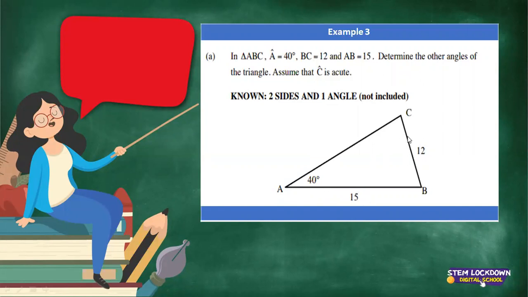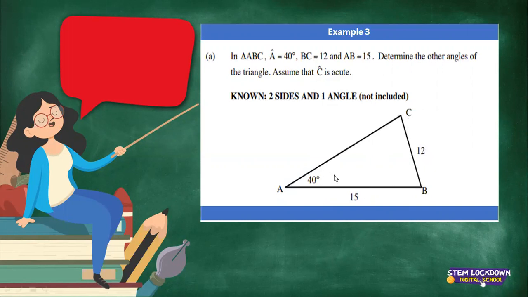And from there, I can find my C angle by cross multiplying. So again, A over sine A equals C over sine C. I'm only using A and C now.